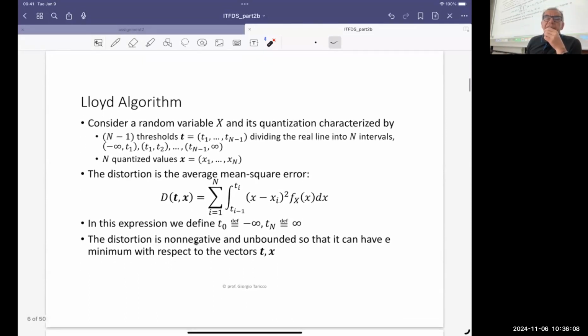And this is the general setting that works for every probability density function. We pick a random variable x, and we say that we want to quantize it by using n quantization points.